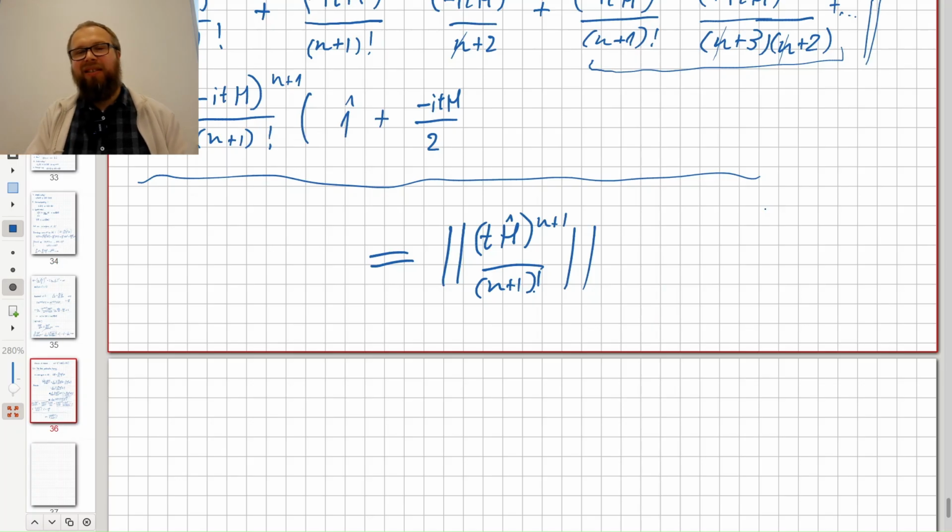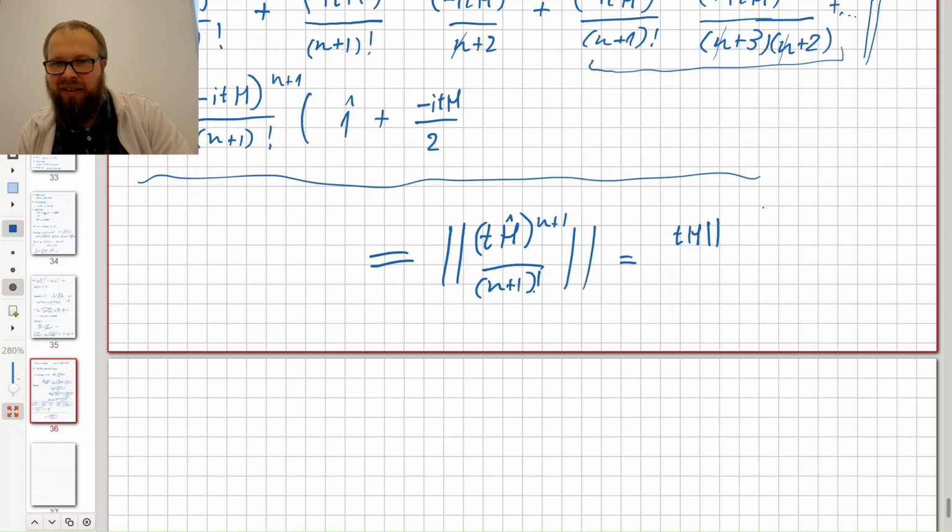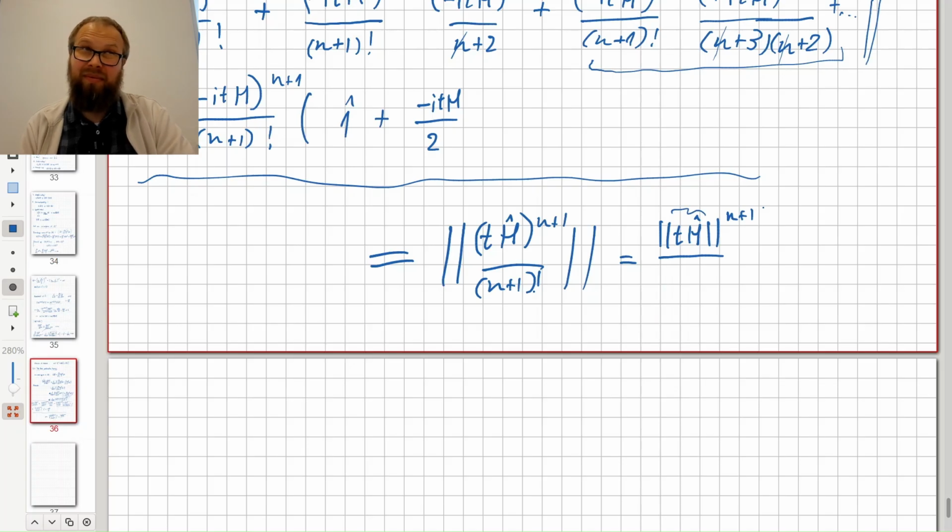And as you can see, what is going on here, if we just pull out some numbers here, (th) to the power n plus 1, so this is our dimensionless parameter, the norm of t times h. So it scales with time. Longer time, the bigger this guy is, and to the power n plus 1. So this is a pretty steep increase, right?